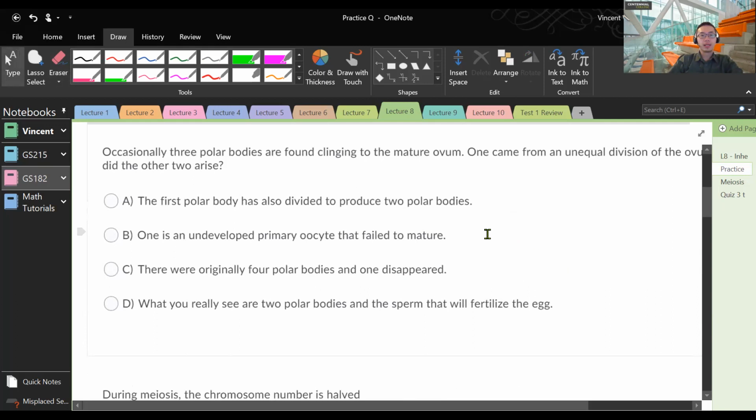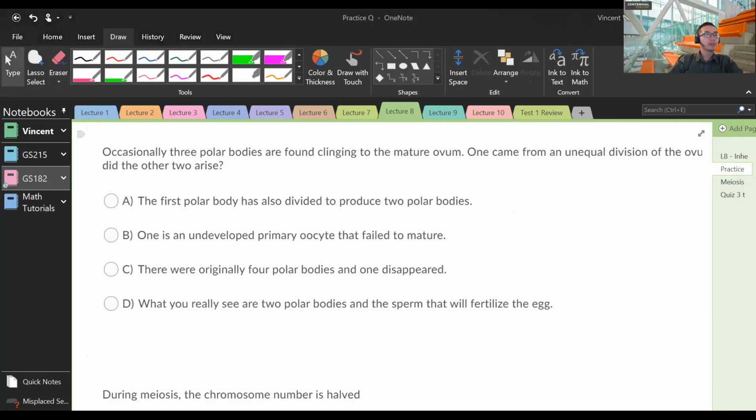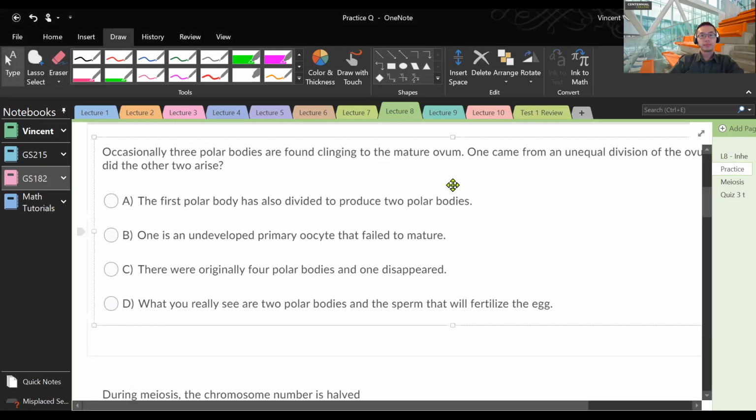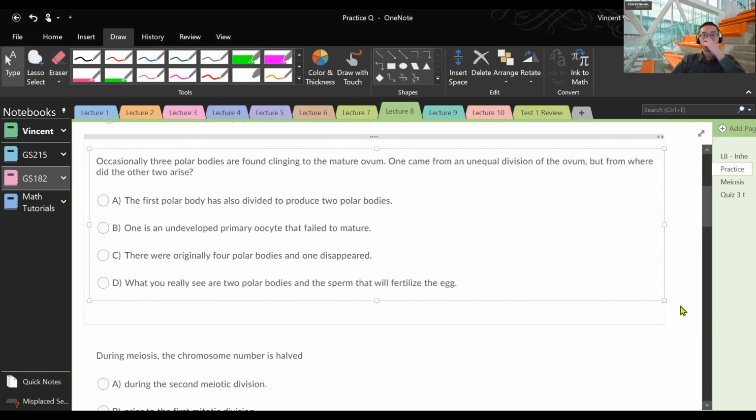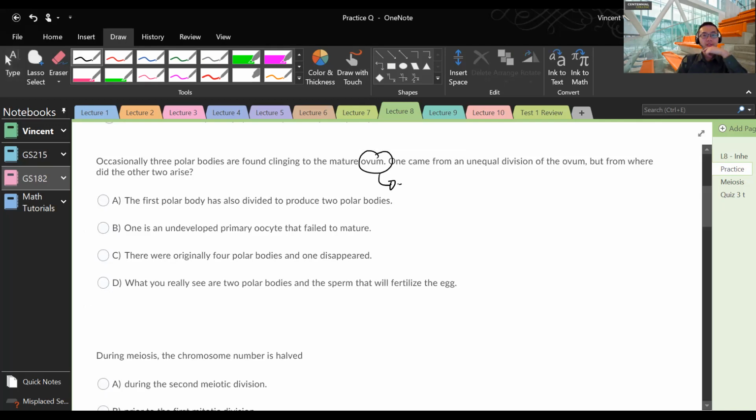Okay, so let's try this one. Ovum is just a fancy word for egg, okay?